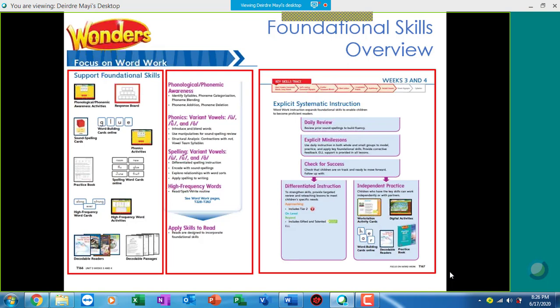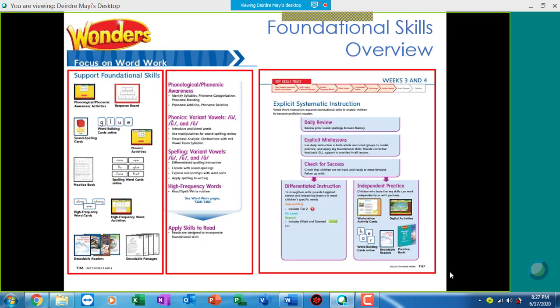You will see what the spelling skill is. Now, you will note that whatever the phonics skill is, the spelling words will always have the same pattern. Always, always, always. So they will be very meaningfully linked. You'll see information about high-frequency words also.